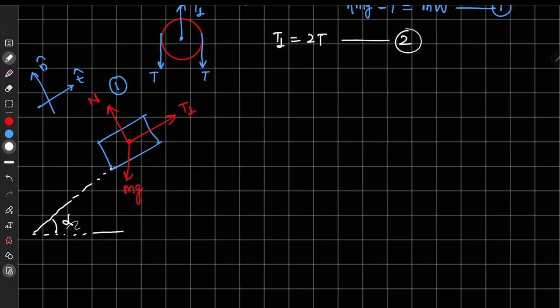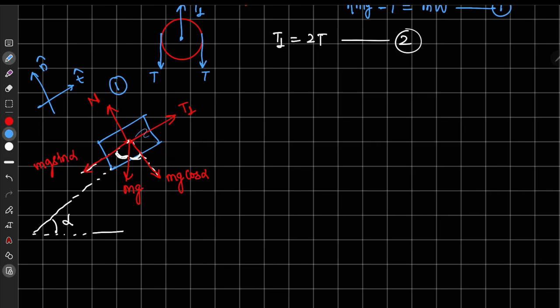If this angle is alpha, then this angle will be 90 minus alpha, and this angle will be alpha. The component of mg in this direction will be mg cos alpha, and in this direction it will be mg sin alpha.